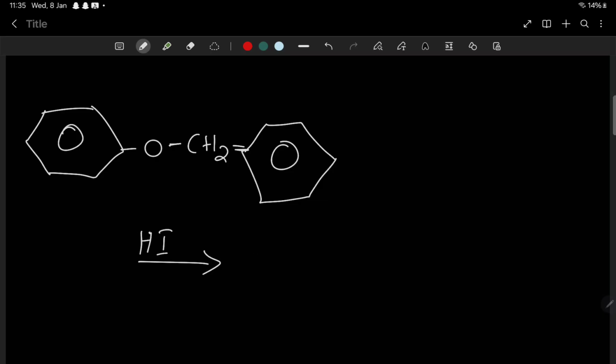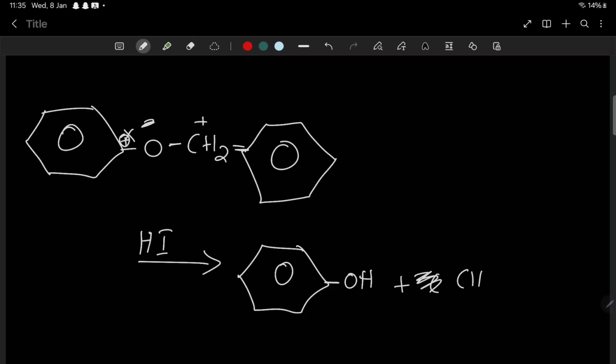What happens here? The compound breaks like here at the oxygen. Which carbocation is more stable? Here phenyl plus charge is not stable. But this benzylic carbocation is very stable. So therefore we get CH2I and the benzene group. This is the compound formed. So form the compounds like that correspondingly, and you will get the answer easily.